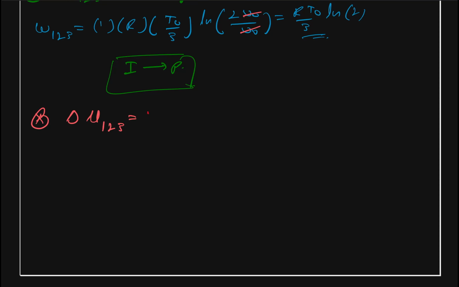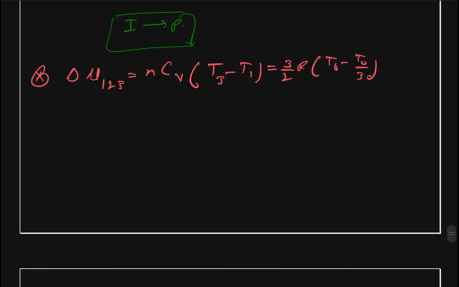It will be nCv times the temperature difference, and this comes as our 3 by 2 times R, and we have our T0 minus T0 by 3, and from here we get this delta U 1 to 3 will be equal to our, this will be coming as 2 by 3, 2 by 3 and 3 by 2 cancels out, so it will be our RT0. Okay. And matching I'll do later on.